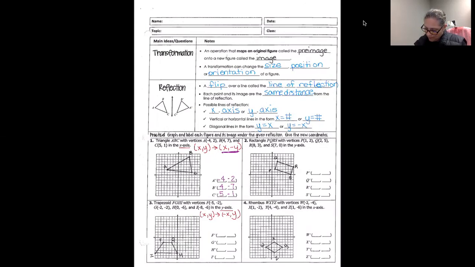So (-4, -2), and that's A prime. And then (4, -7), and (5, -1).